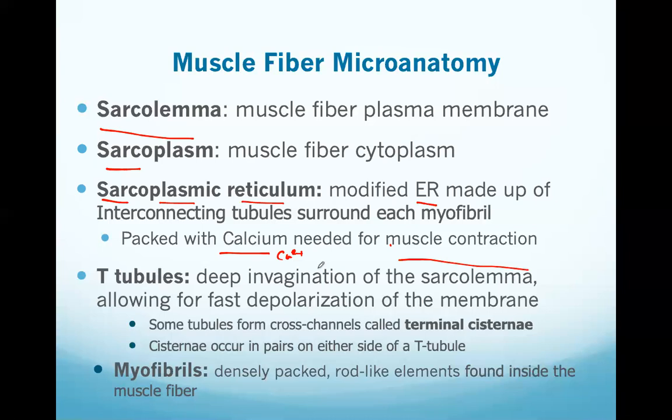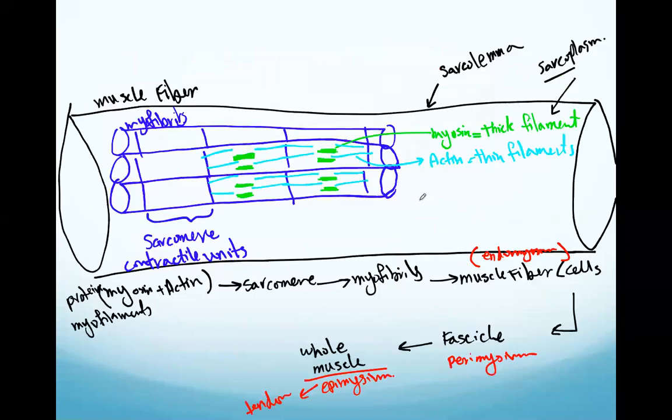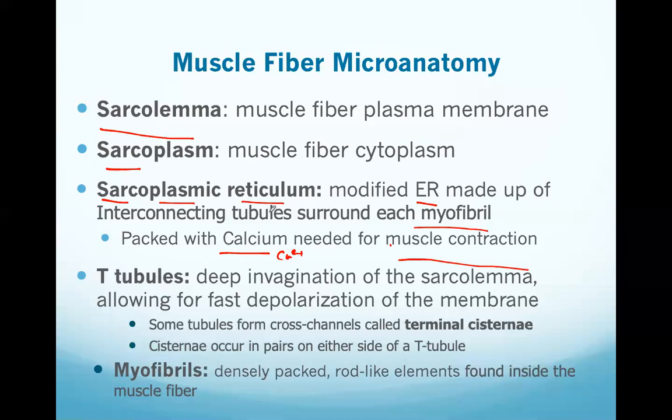These are specialized ER networks, and they are surrounding your myofibrils. Remember, myofibrils were what we depict in blue here. So imagine there is a network of connecting tubes wrapped around the myofibrils with the goal of carrying calcium necessary for muscle contraction.